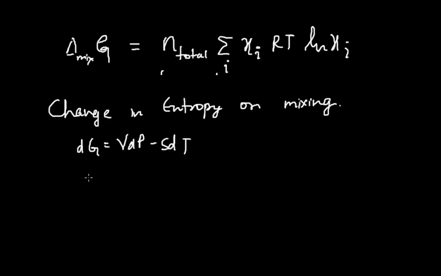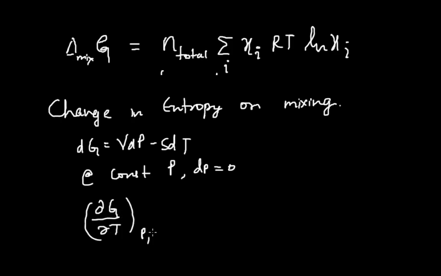Now at constant pressure, dP becomes 0, and dou G by dou T at constant pressure, holding the amounts of all constituents constant, gives minus S. You can check this out by differentiating.